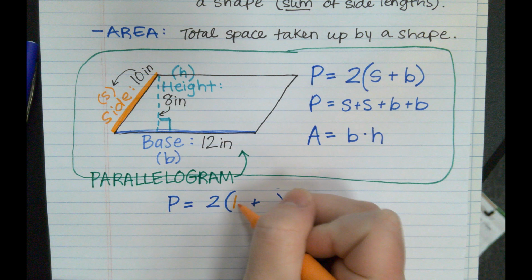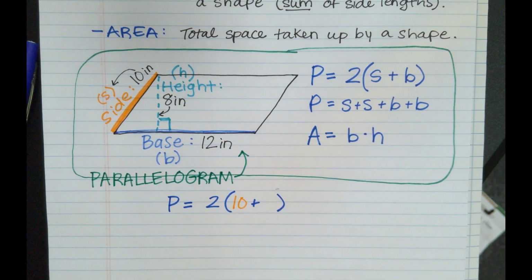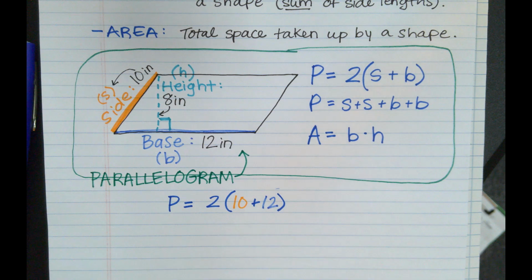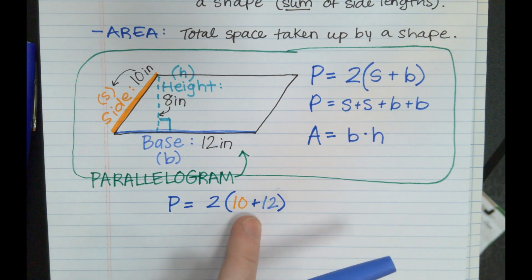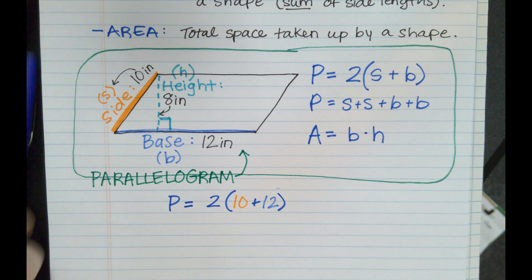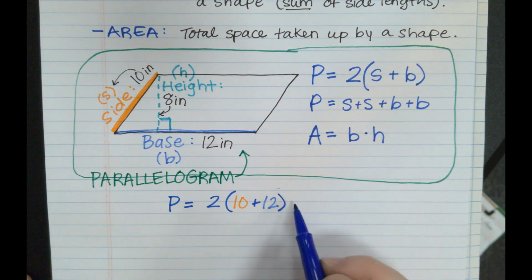So 2 times 10 plus 12. Now you could get fancy and use distribution. You could do 2 times 10 and 2 times 12, or you could just look at this and see, okay, I've got 10 plus 12 in parentheses. Let's find that first and just take that number times 2. I think that's probably the easiest way to go about doing it.